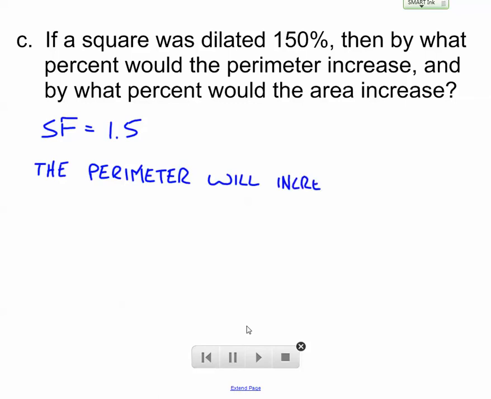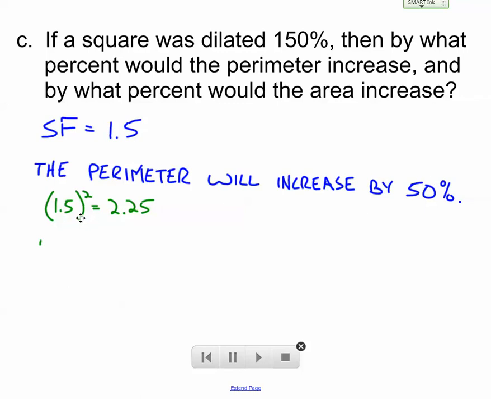So the perimeter will increase by 1.5, or 150%. I'm sorry. It'll only increase 50% because 1.5 is 0.5 more than 1, the original. So it'd be a 50% increase.